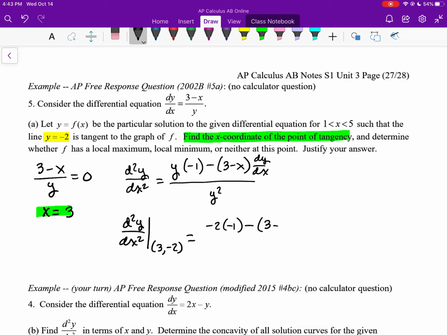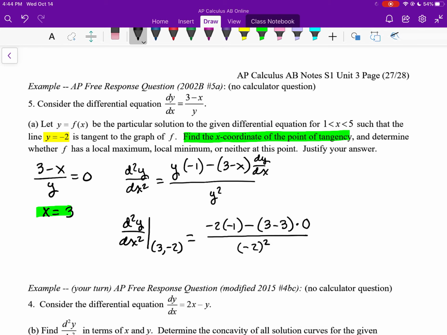The x value is 3. And I get this 3 minus 3, which is going to be 0. It really doesn't matter what dy dx is, but I do know I had a horizontal tangent there. I do know that dy dx was 0 at that particular point. And this is all over the y squared, the -2 squared.